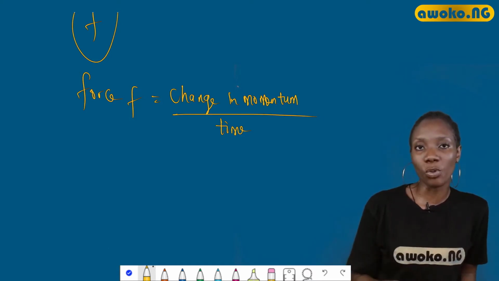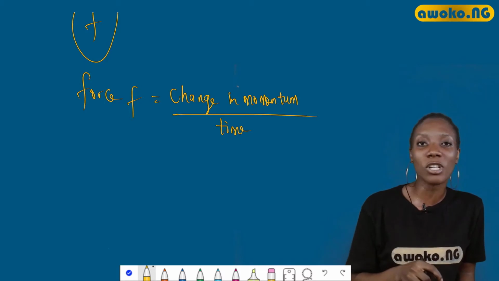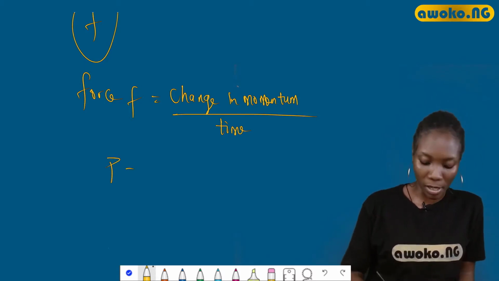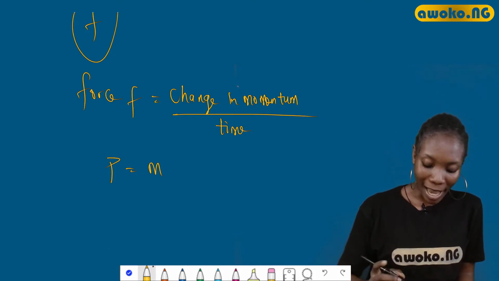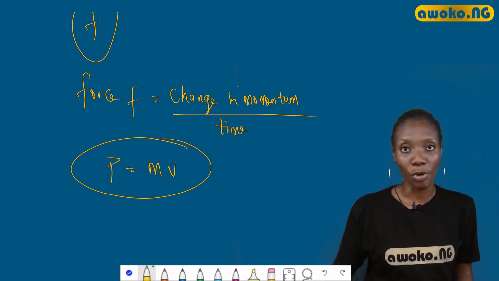Now, momentum is defined as the product of mass and velocity of a body. So momentum is symbolically written as P, which is equal to the mass of the body times its velocity. This is how you show momentum mathematically.